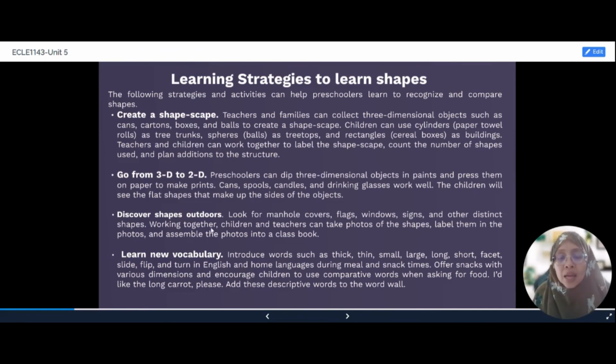After that, you can ask them to discover shapes outdoors. What kind of shapes can you find outside, related to what we have learned, and learn new vocabulary. For example, this is a thick book. This is a small ball. But this is more on measurement, which we will learn in the next topic.